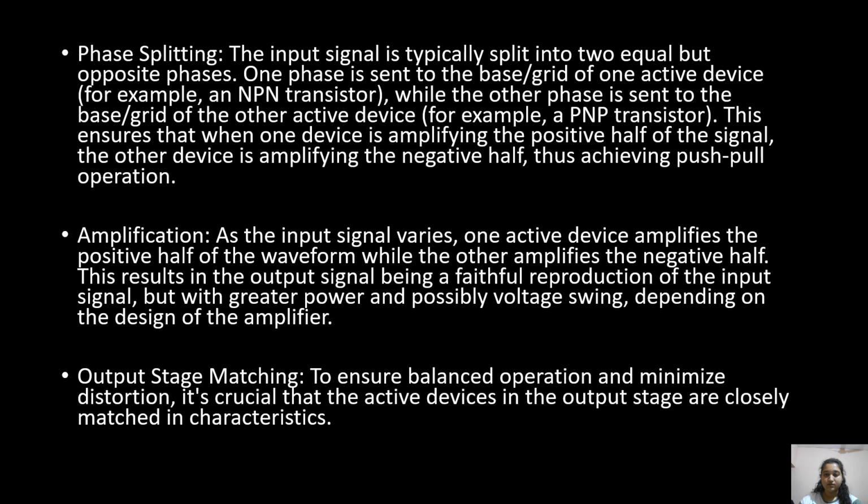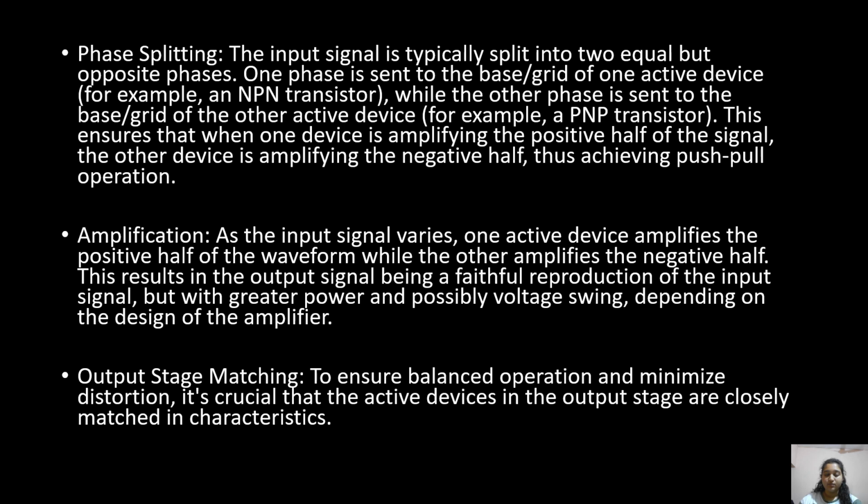One phase is sent to the base or grid of one active device, for example an NPN transistor, while the other phase is sent to the base or grid of the other active device, for example a PNP transistor. This ensures that when one device is amplifying the positive half of the signal, the other device is amplifying the negative half of the cycle, thus achieving push-pull operation.